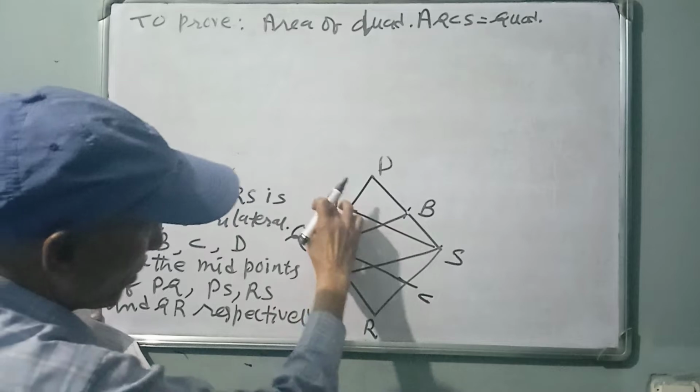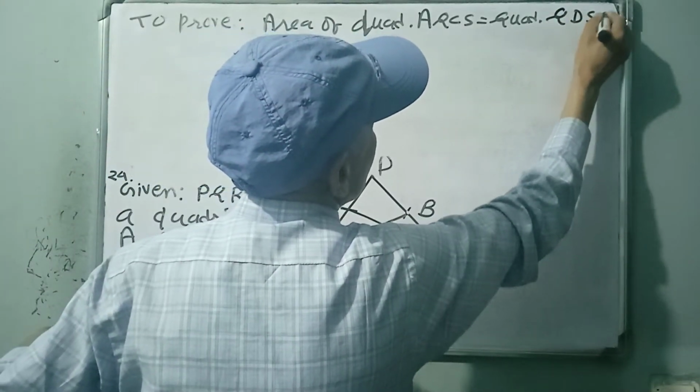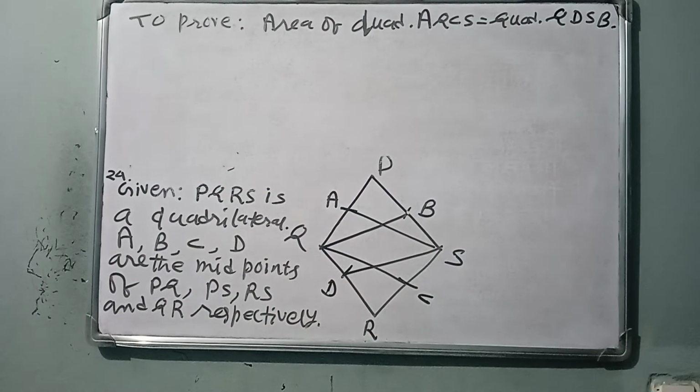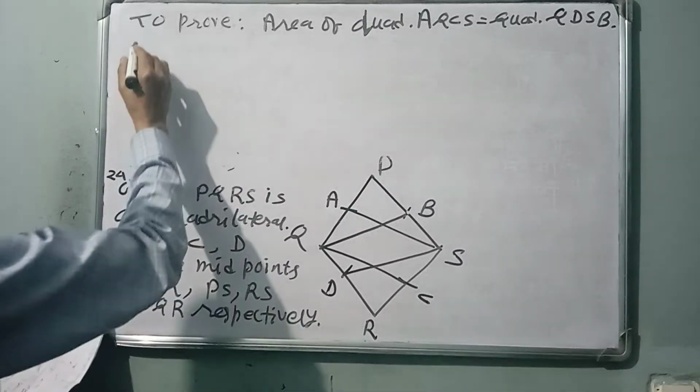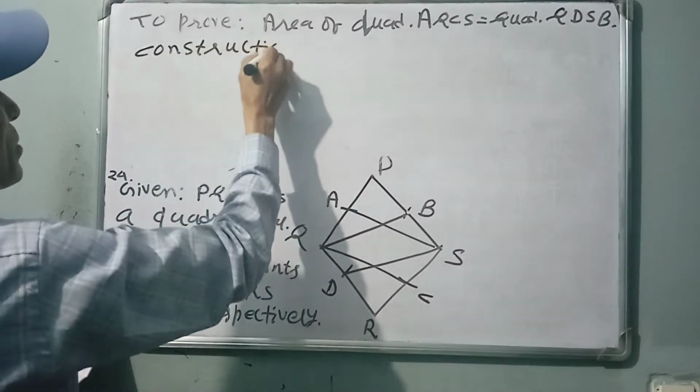This we have to prove: area of AQCS is equal to area of QDSB. To prove, construction. For this you need construction.